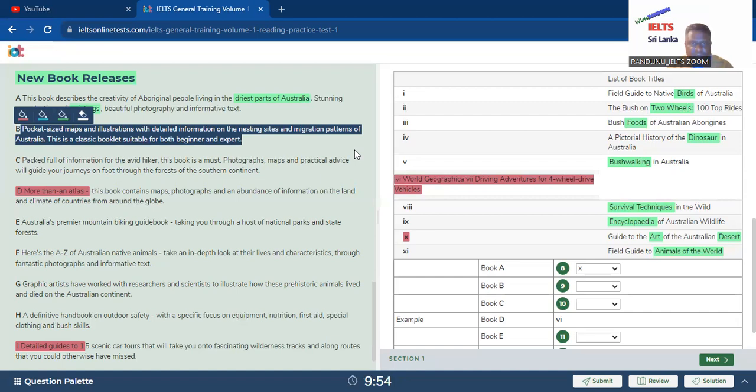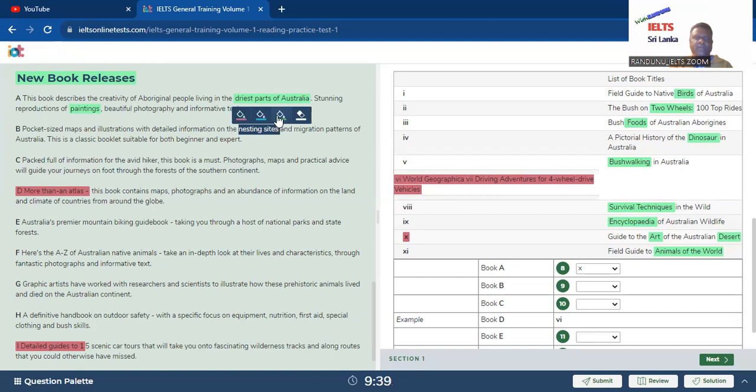So you have given the answer as 1. 1 talks about birds. Yes, it's about birds, nesting sites. A pocket size map and illustrations with detailed information on the nesting sites, bird paradises and migration patterns of Australia.